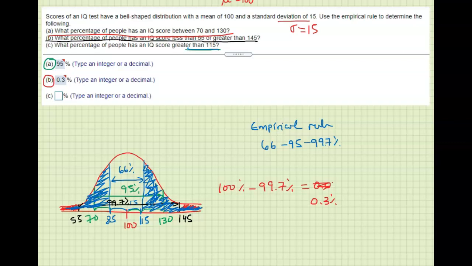On both sides of that middle region is 100% minus 68%, which is 32%. Because I'm only interested in bigger than 115, in only this upper section, we divide 32 by 2 and we get 16%.